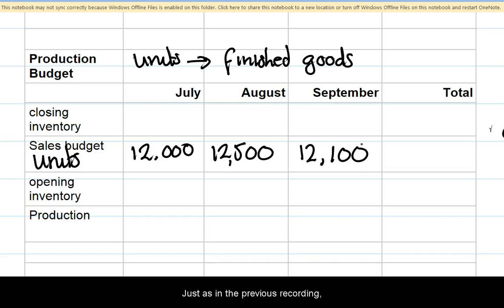Just as in the previous recording, we need to adjust those quantities for our opening and closing inventory requirements. And that will then enable us to work out how many we need to make to satisfy customer demand and to make sure that we have sufficient in stock to deal with any contingencies.